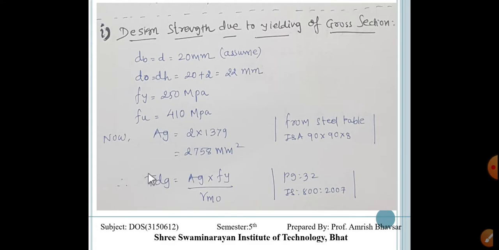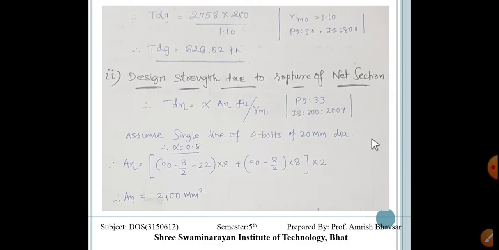Now we have the equation of the design tensile strength for the gross section, that is TDG is equal to Ag into Fy upon gamma m0. We have Ag, Fy, and gamma m0 we will take from page number 30 in the steel table, and this equation is given on page number 32 in IS 800:2007.